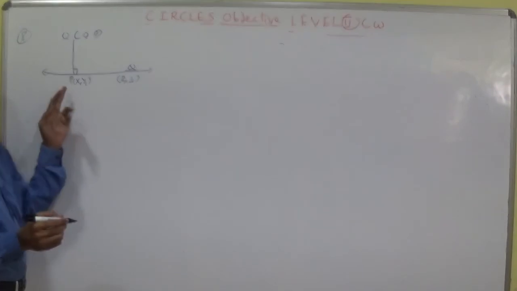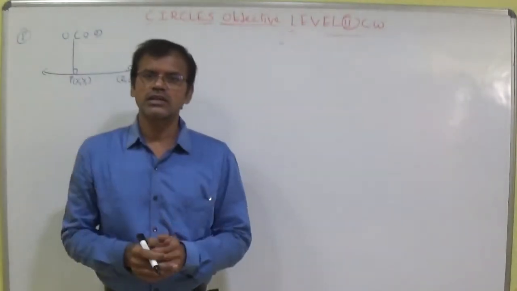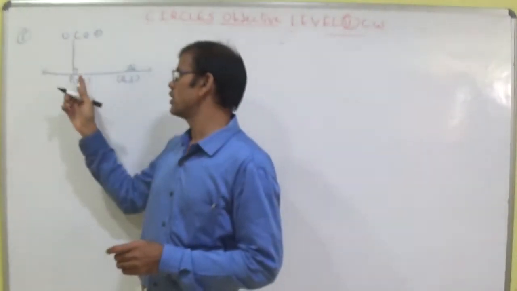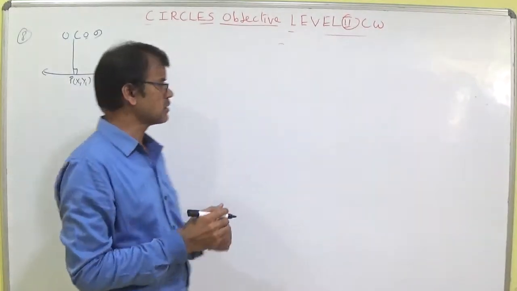Whenever it is asking about the foot of perpendicular concept, you can apply this condition: slope of OP into slope of PQ equal to -1. This is the main concept.